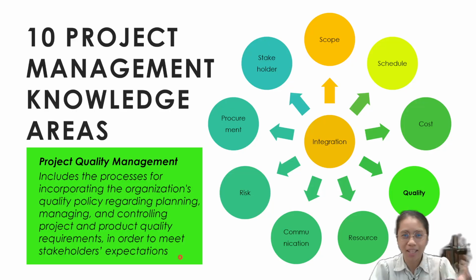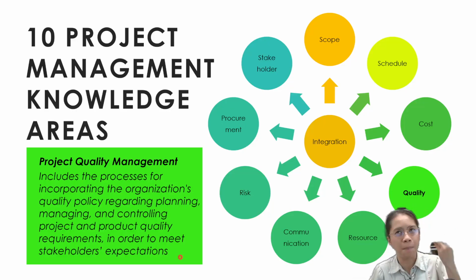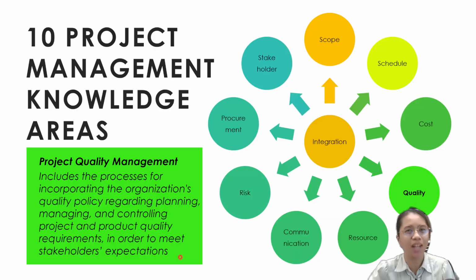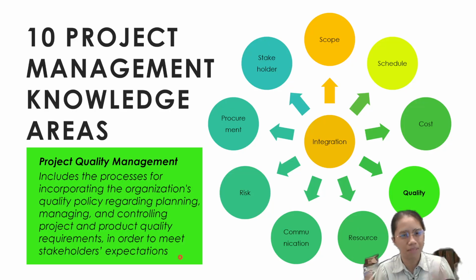For example, a while ago, we mentioned a 50-story high-rise building with a main door and windows. You should know what the expectation of the client is, what the shape of the main door is, what the color of the windows is, because if you don't meet the client's perspective or the stakeholders' expectations, your output, your accomplishment is invalid.